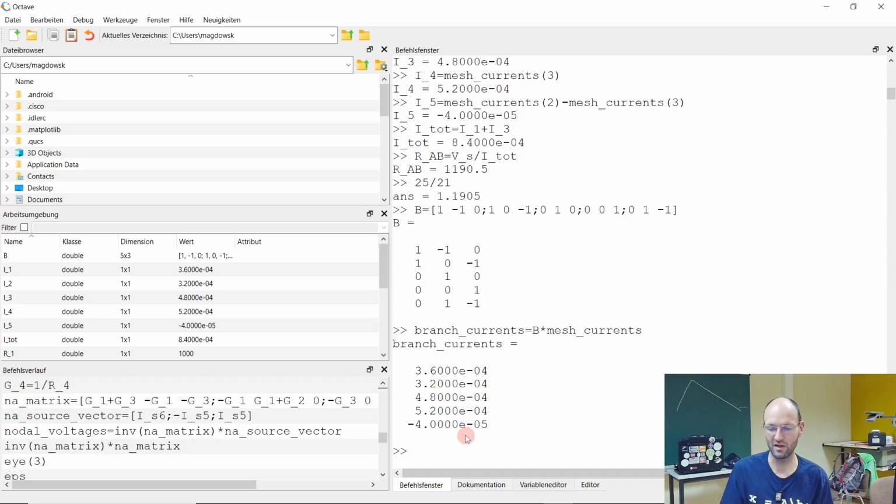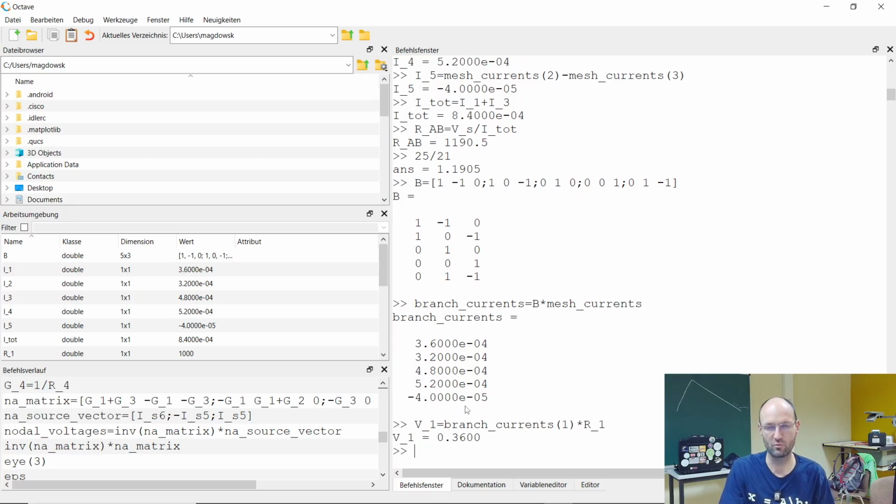And now the last way would be to find all the branch voltages, if you would like to have the voltages. Once again, you could say, okay, V1 is the first branch current times the first resistance, for example. And then we would get this and this voltage in this case.